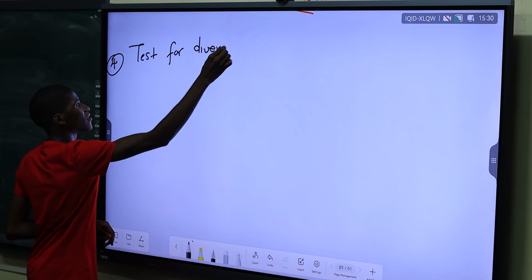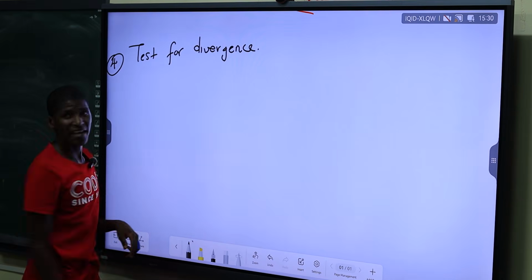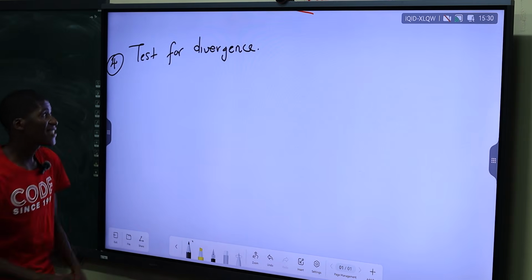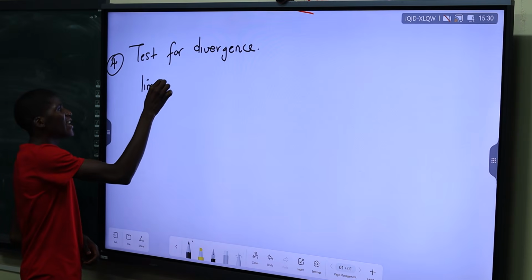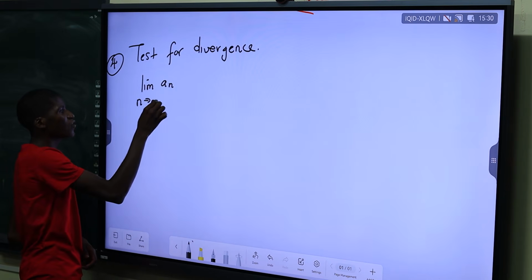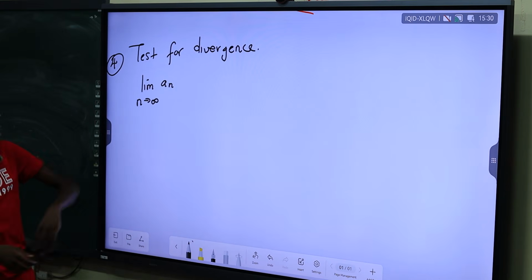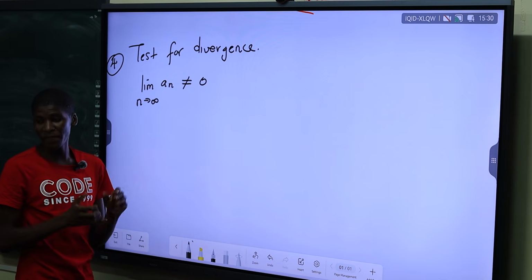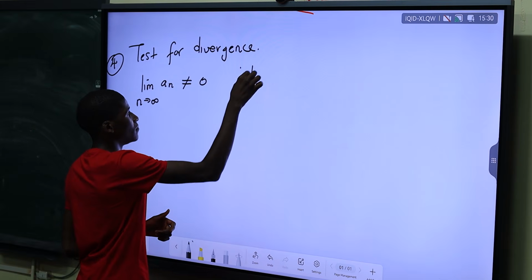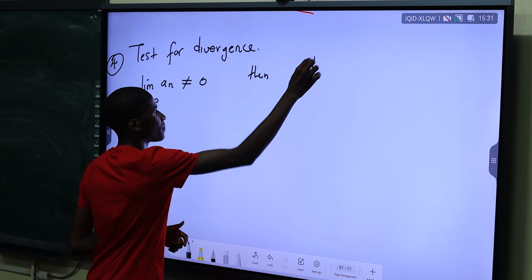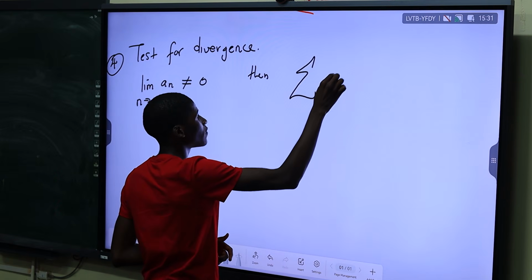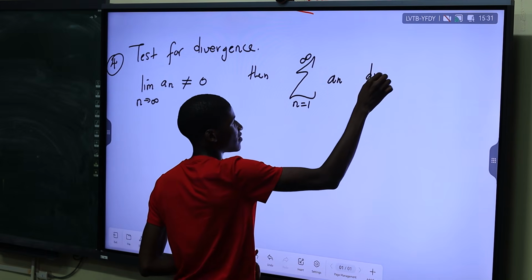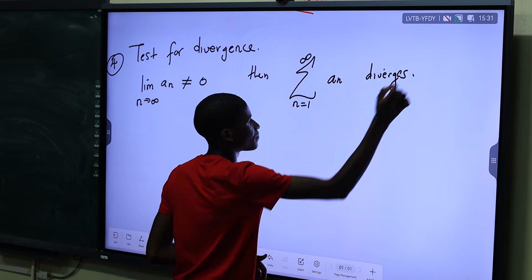Test for divergence. So the test for divergence we did last time. That is if it happens that the limit of An, now we are not comparing anything, we just need An, the original sequence. If the limit of An is a finite non-zero number, then you can say the series of An from n equals 1 to infinity diverges.